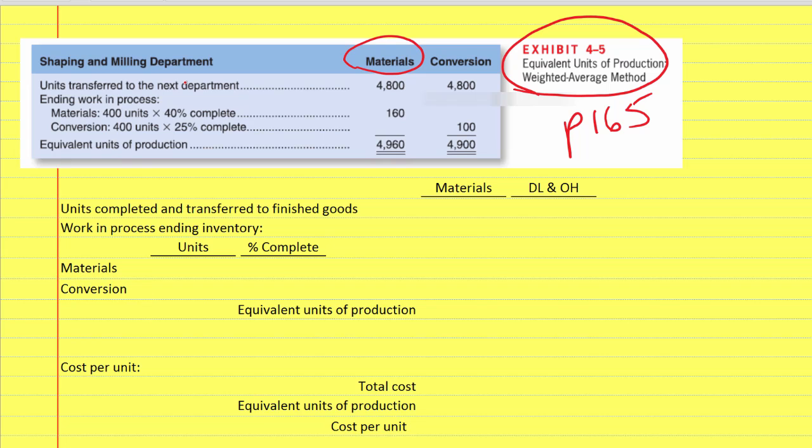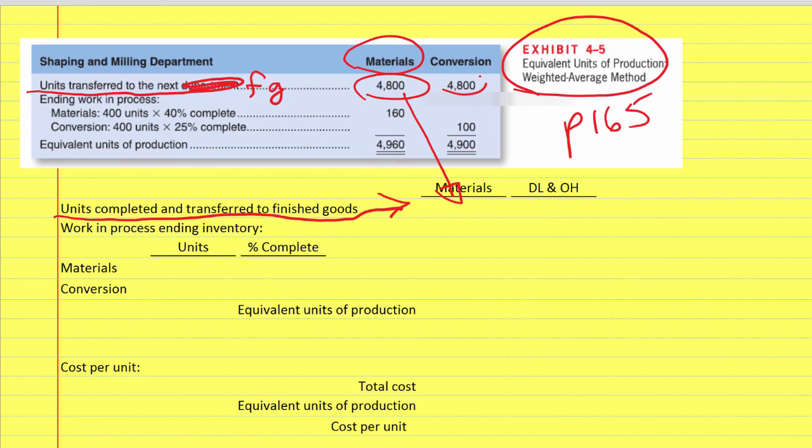Now in the first line of your author's example up there, Exhibit 4-5, they say units transferred to the next department. I'm going to change that to units transferred to finished goods just to be a little more consistent with our previous example. So on that row right there, units completed and transferred to finished goods, we have 4,800 units that rolled off the end of the assembly line and into finished goods.